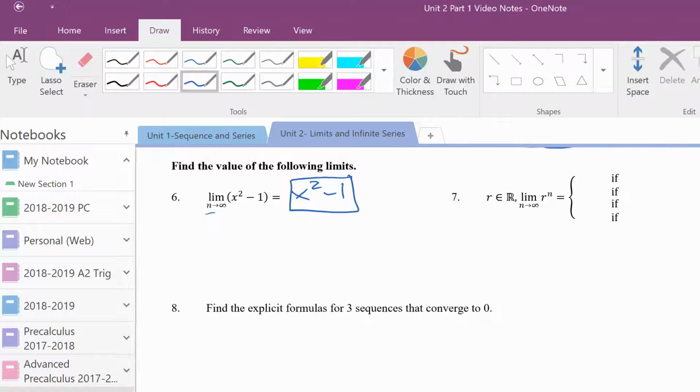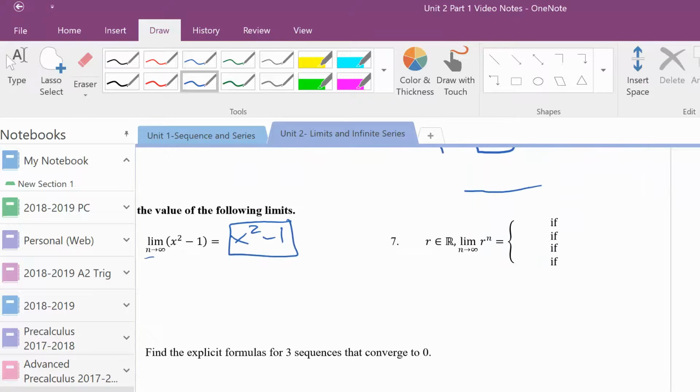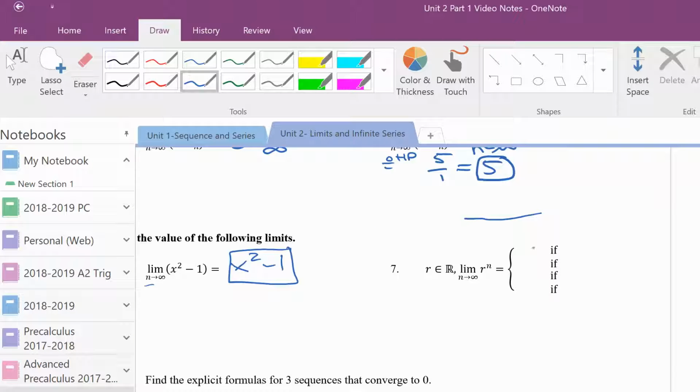If r is in the real numbers and n approaches infinity, r to the n is infinite if r is greater than 1. It's 0 if the absolute value of r is less than 1, meaning if it's a negative number in there.